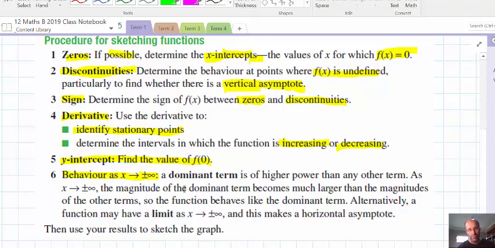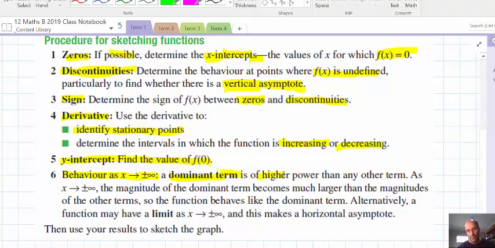This is where we link back to prior work about the dominant term, which has the biggest effect. In most functions, there is what's called the dominant term. As x approaches positive infinity, and likewise negative infinity, the dominant term has a much greater effect on the function's values.